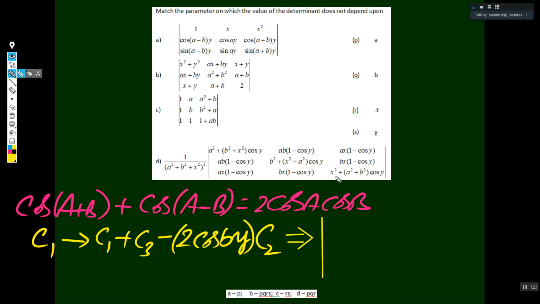Of course, the first element will become bigger. Sin of A minus B. C1 plus C3 means 1 plus x square minus 2x cos BY.